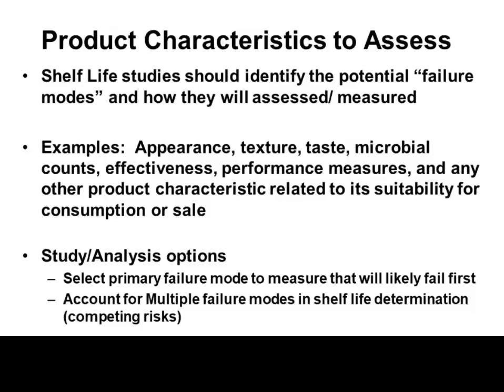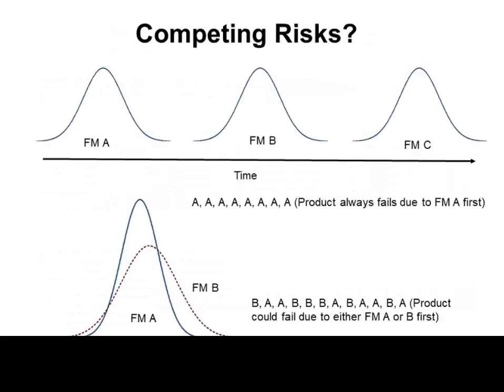And the reality is, if you want to predict shelf life, you should account for all the different ways in which the product may fail. To illustrate this idea, I've got a couple of pictures here. On the top part, I'm showing a distribution of, let's say, time to failure, the time when the product becomes unfit for use.